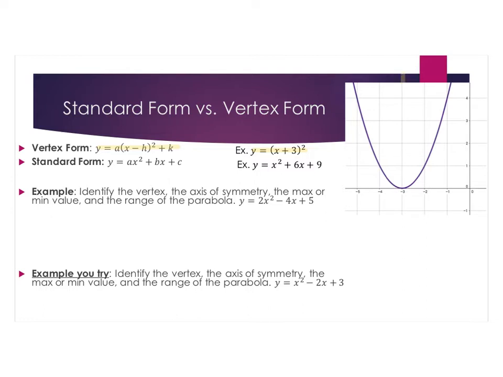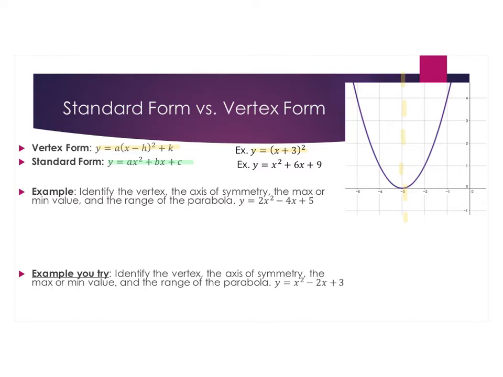We see our parabola off to the right in our sample picture is the equation y equals (x plus 3) squared. Well, standard form is just y equals ax squared plus bx plus c, which should look familiar because we spent a huge chunk of the first part of Unit 2 factoring trinomials.